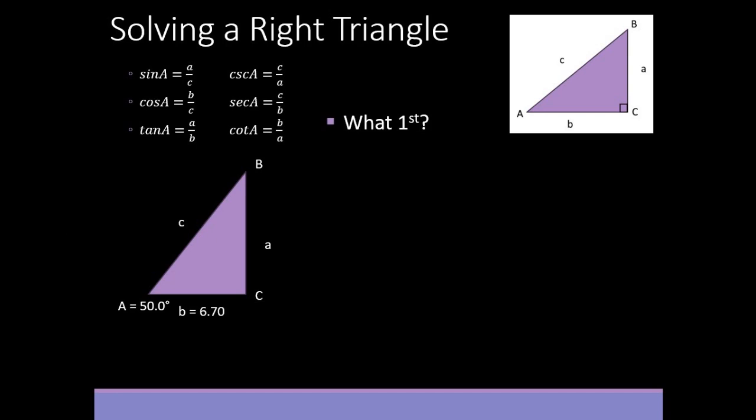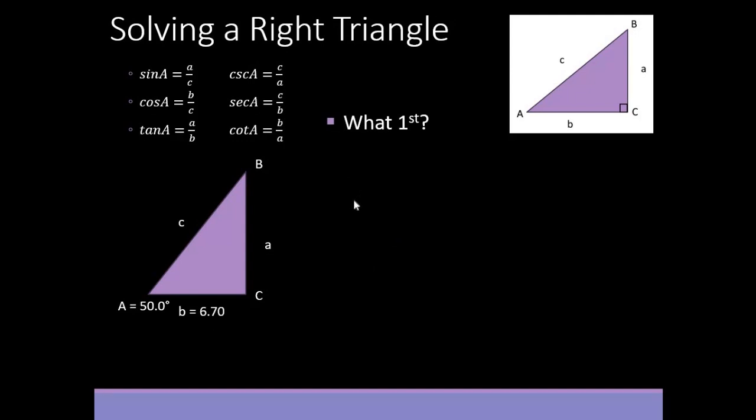Okay, so if we are given this information, how do we solve this right triangle? We are given that angle A is 50.0 degrees and side B is 6.70. What should we do first?